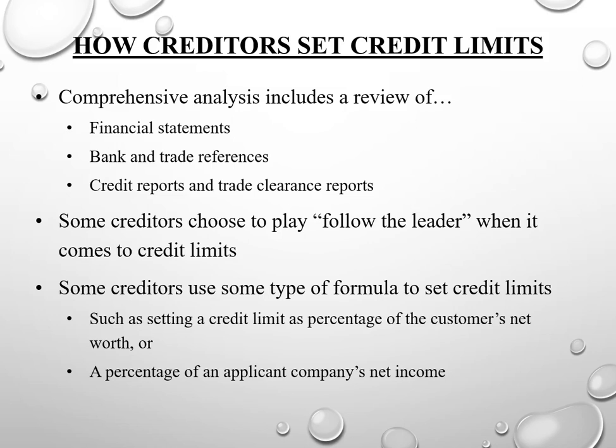Alternatively, another formula might be to say we will establish a credit limit which is a percent of the applicant company's net income for the last fiscal year. So it might say, as an example, we'll look at their income statement, we'll determine how profitable they are, and the credit limit that we set for this customer will be 25% of that particular company's net income for the prior year.